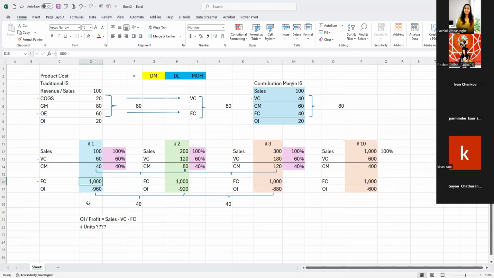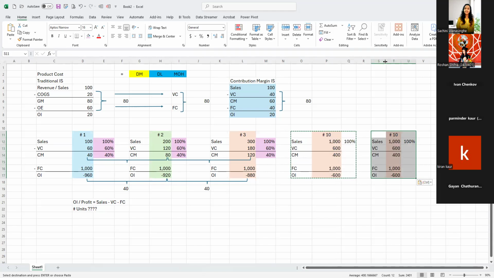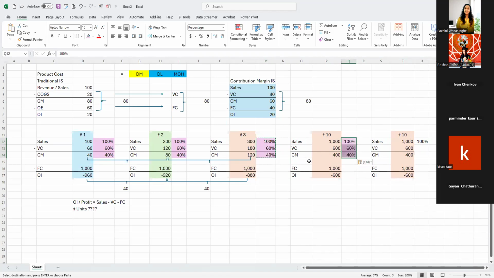So now the question is, how are we going to deal with the fixed cost? If I want to predict what's going to happen in the future, at which point will operating income become zero? Let's move this one here first to make it consistent.